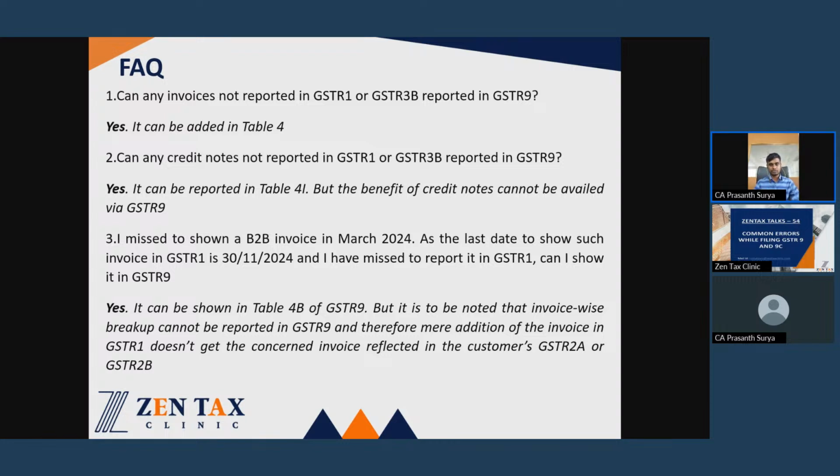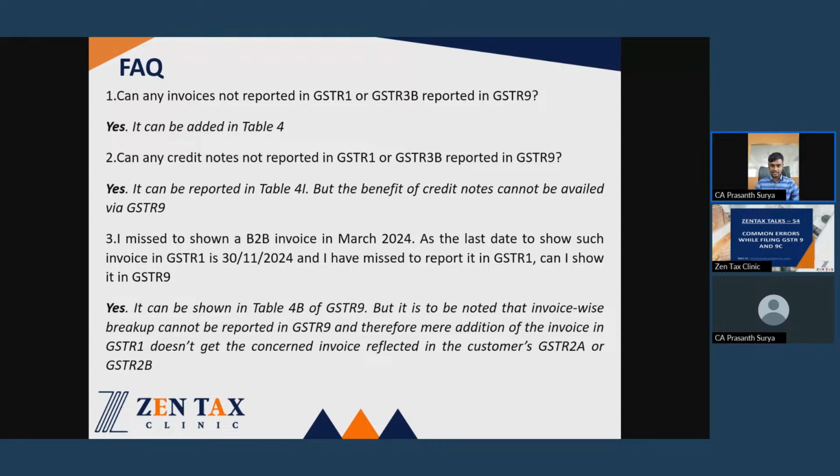So if there are any additional invoices to be reported, add that figure in table 4 and report it. At least for what we have missed out reporting in returns, we can tell the department that we have already reported it in GSTR9. Otherwise, penal provisions will sometimes be initiated for underreporting of transactions.